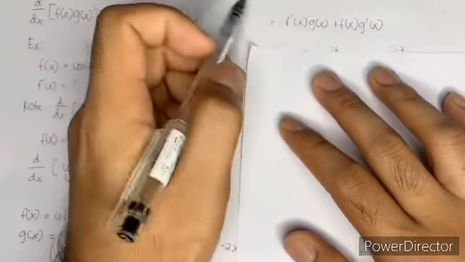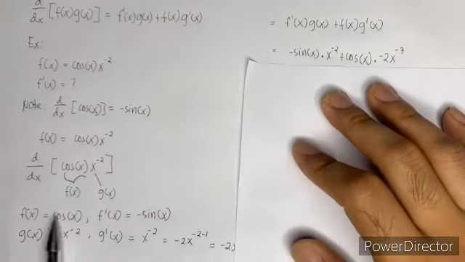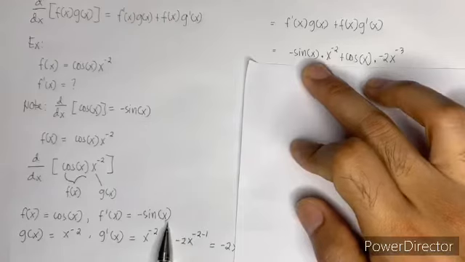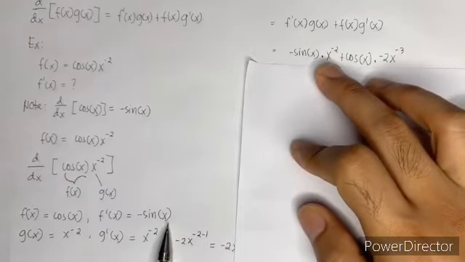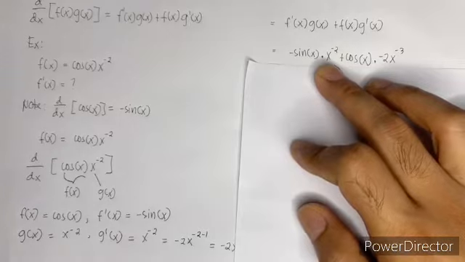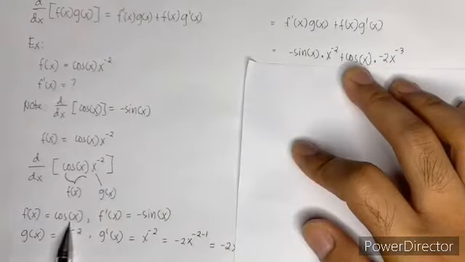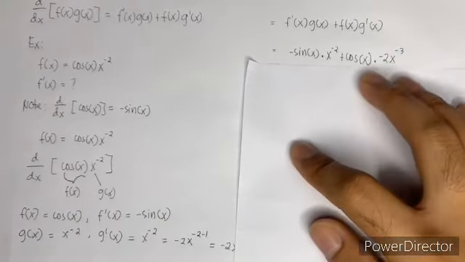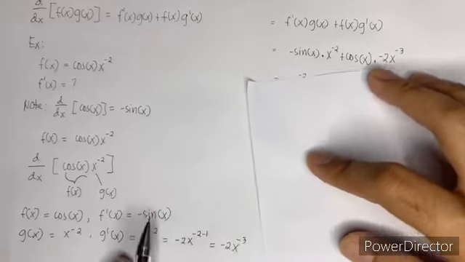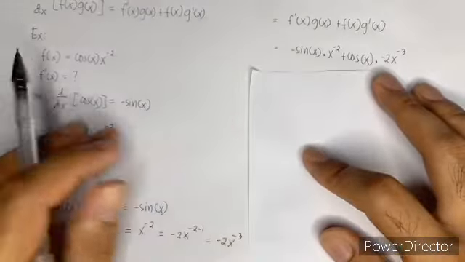So the result is, our f prime of x is what here? This. So negative sin x times our g of x, which is x raised to the power of negative 2, plus our f of x, this. So cos x times our g prime of x, which is negative 2x raised to negative 3.